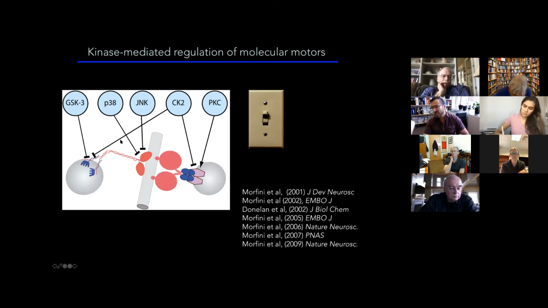So the net result is the same, in the sense that they were all affecting axonal transport, but they do it through different means, okay? We have built all this body of evidence that these kinases act as switches that can turn off the activity of specific subunits and therefore the trafficking of these vesicles throughout the axon.